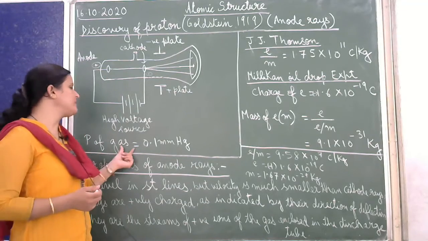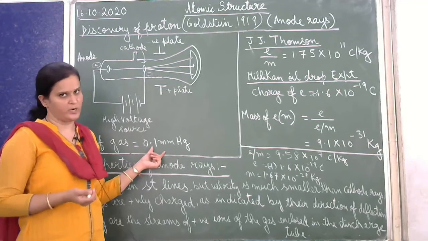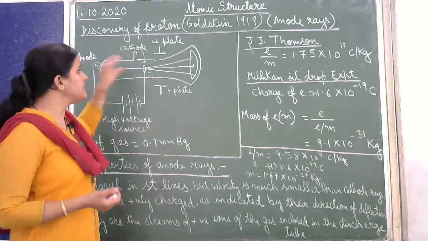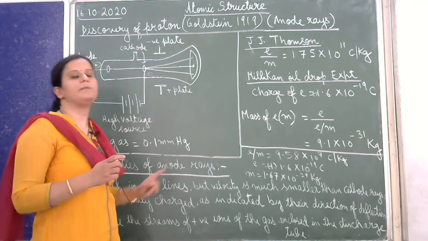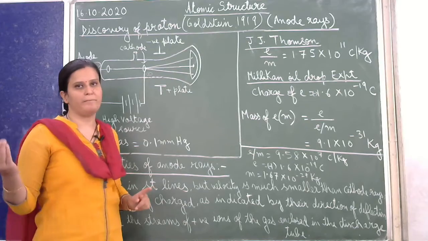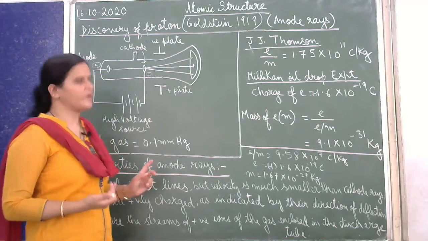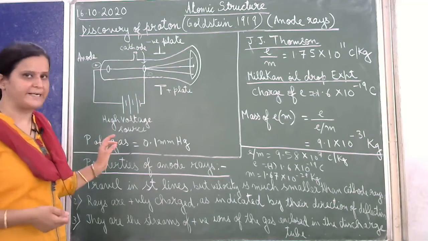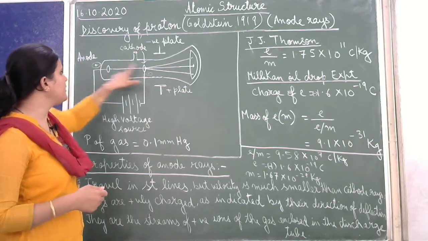Here the pressure of the gas was taken as 0.1 millimeter of mercury. That means the number of gas molecules inside this discharge tube will be comparatively more as compared to Thomson's experiment.